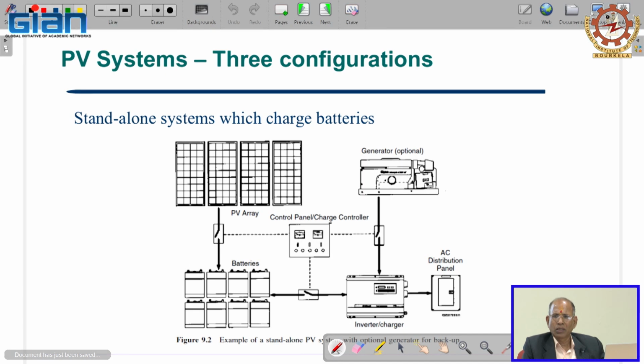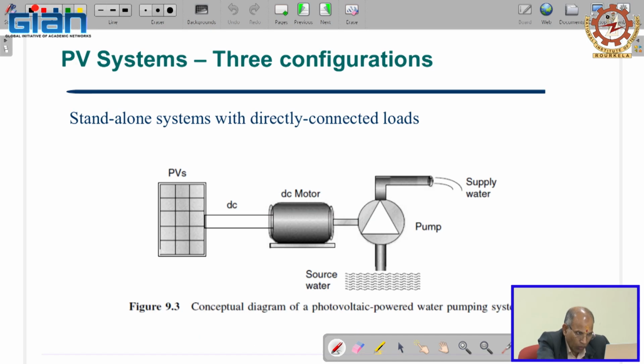Then we have the standalone system. In standalone, we have to be more careful about the backup: backup batteries, then a diesel generator, optional, which may or may not be there depending upon the situation. So this is the PV system in isolated configuration.